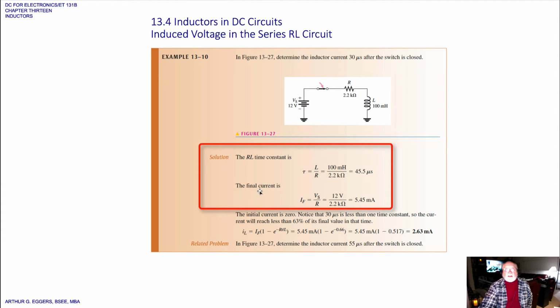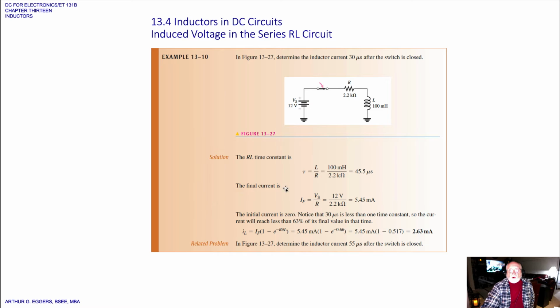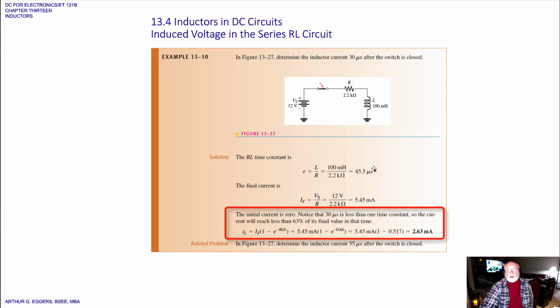Using the terms for the source and the resistance, we can find the final current, I sub F, equal to 12 volts divided by 2.2 kilohms, or 5.45 milliamps. Now we know what the final current is, and we can put that with our time constant to determine where the inductor current is 30 microseconds after the switch is closed.